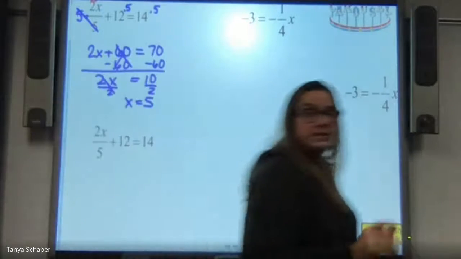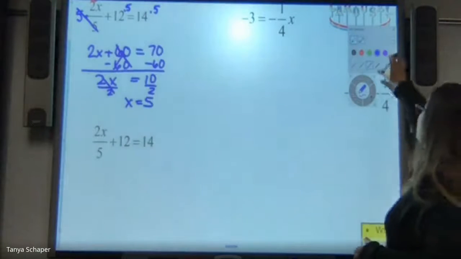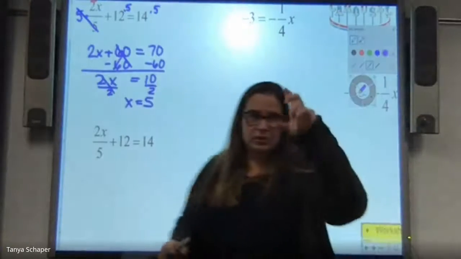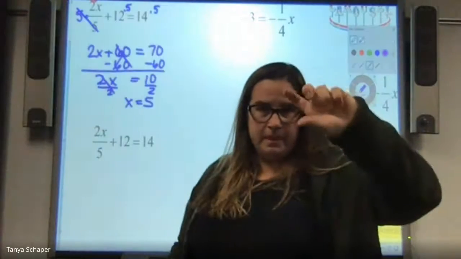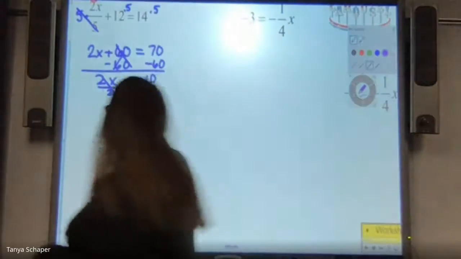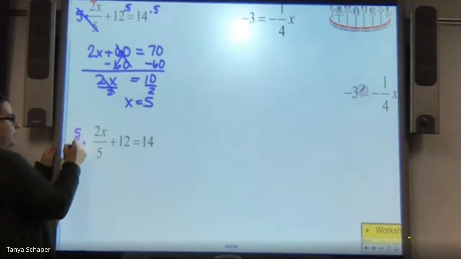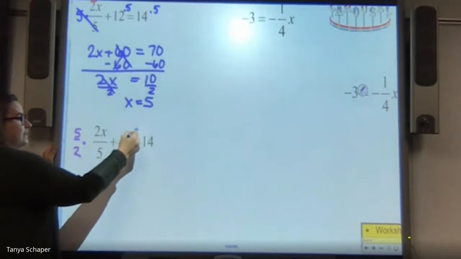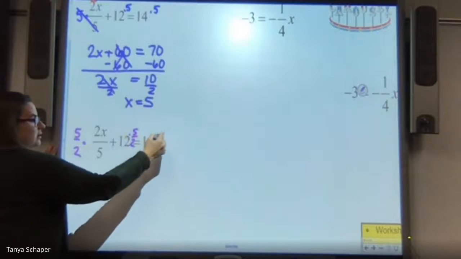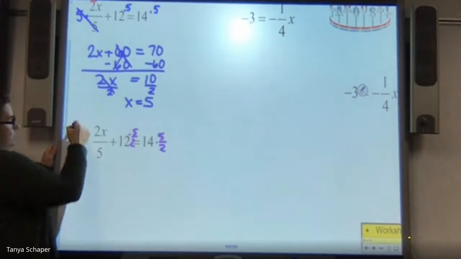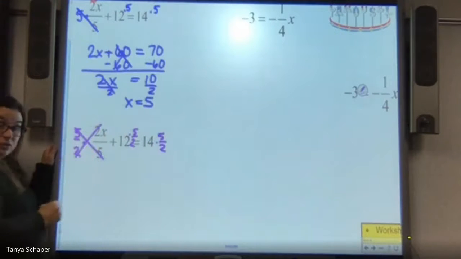I can choose to multiply by the reciprocal of the fraction. So the reciprocal is when you take a fraction and you flip it over. So 2/5 is my fraction, so I can multiply everything by 5/2. That's another strategy. All right, so the 5s cancel out, so do the 2s.